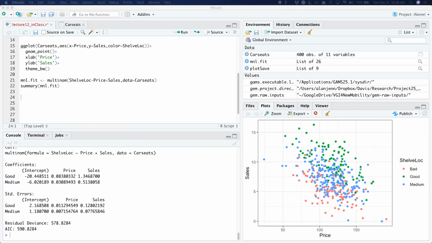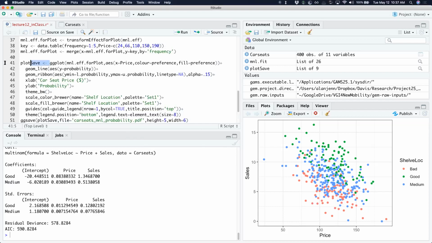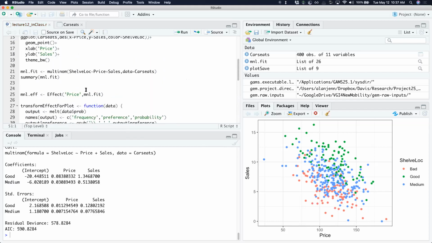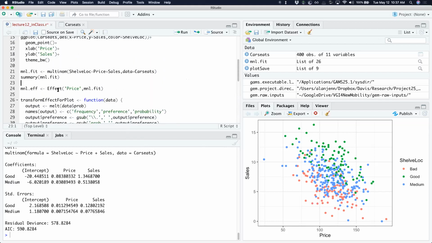I've written up a script and used a package called effects to do this. I'm not going to go through the code that carefully, but I'll describe what this is doing. A lot of it is just data manipulation. But I use a package called effects that takes the model that we made before, MNL Fit.